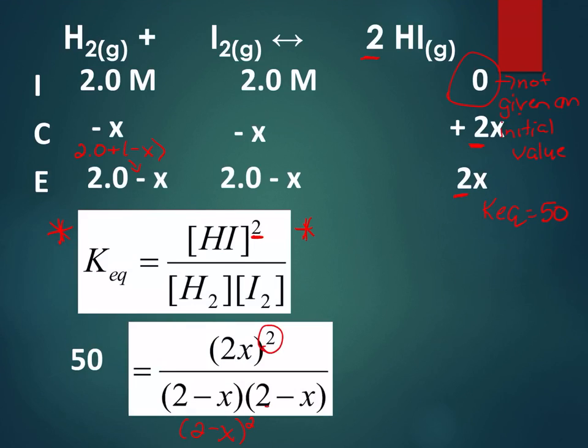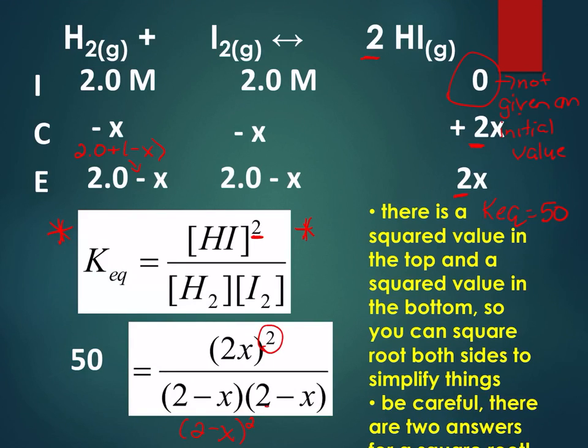You can square root both sides in order to simplify things, but be careful. There are 2 answers for a square root, so we need to consider both. So whether you do the quadratic formula or you square root both sides, we're going to consider both answers.